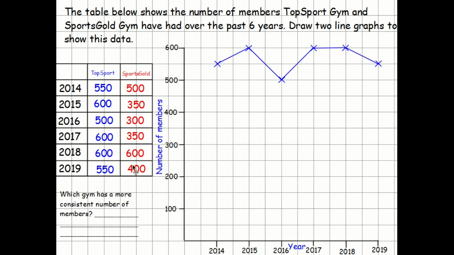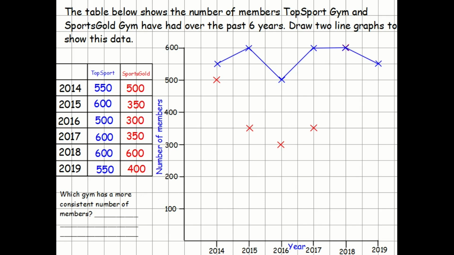Let's now do the line for Sports Gold. So in 2014 they had 500 members. In 2015 they had 350 members. 2016 they had 300. 2017 they had 350. 2018 they had 600, all the way up to here.